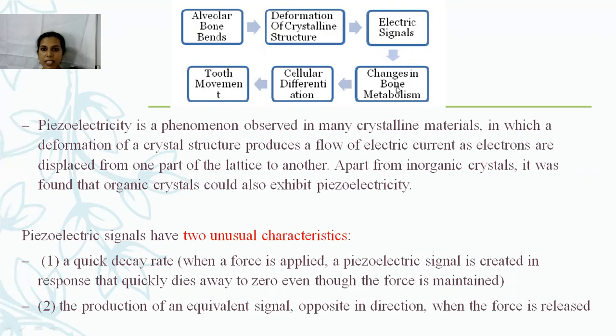These electric signals will cause change in bone metabolism due to cellular differentiation, and you will have tooth movement. There are certain specific characteristics of the piezoelectric signals. One is a quick decay rate.